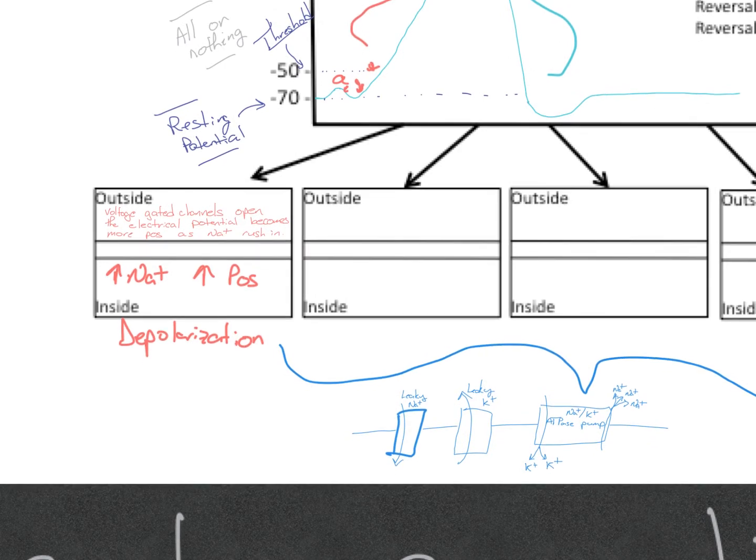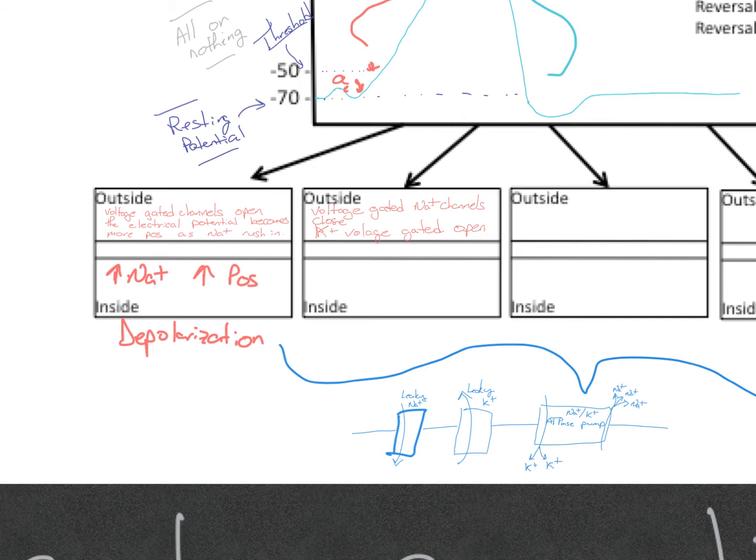Two things happen along the membrane: the voltage gated sodium channels close, and potassium ion voltage gated channels open.